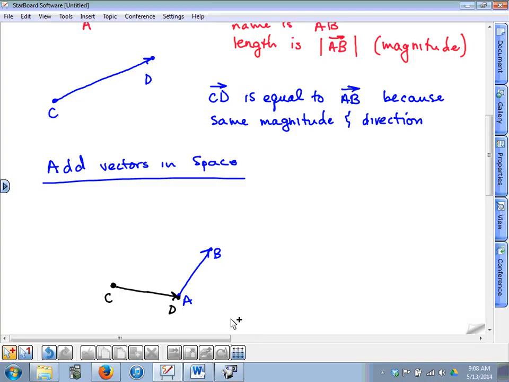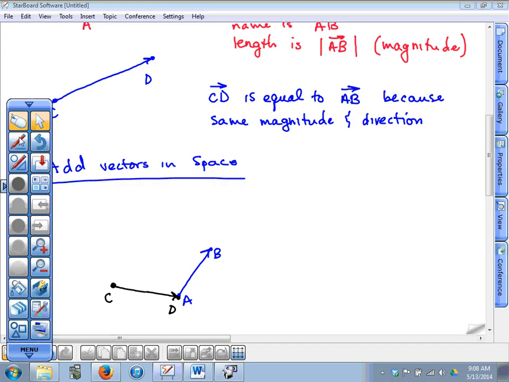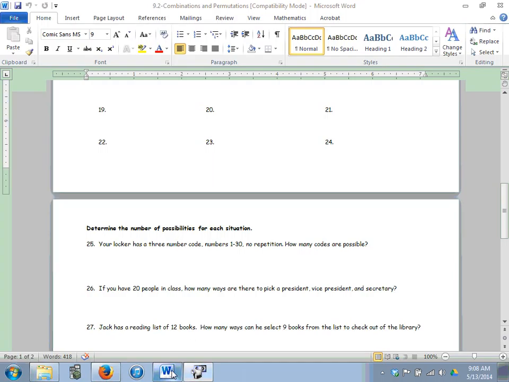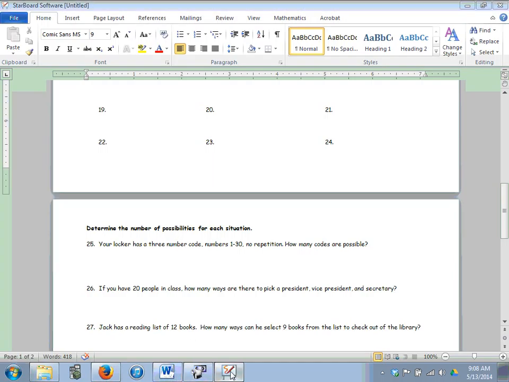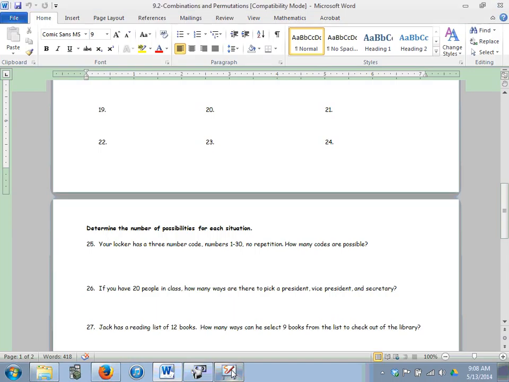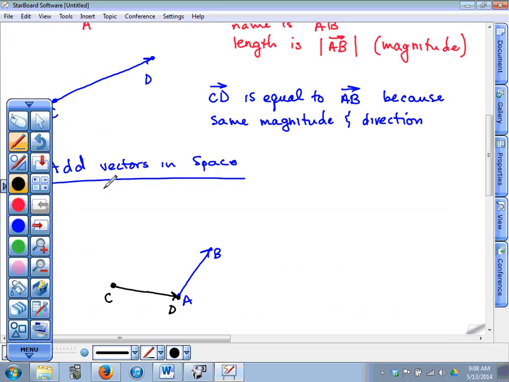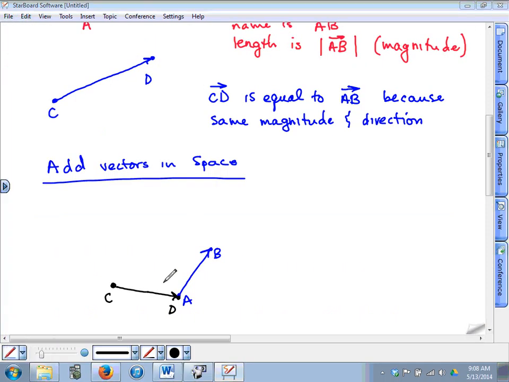We good so far? Now, if we form a new vector, here it is, starting at this initial point, traveling to that terminal point.